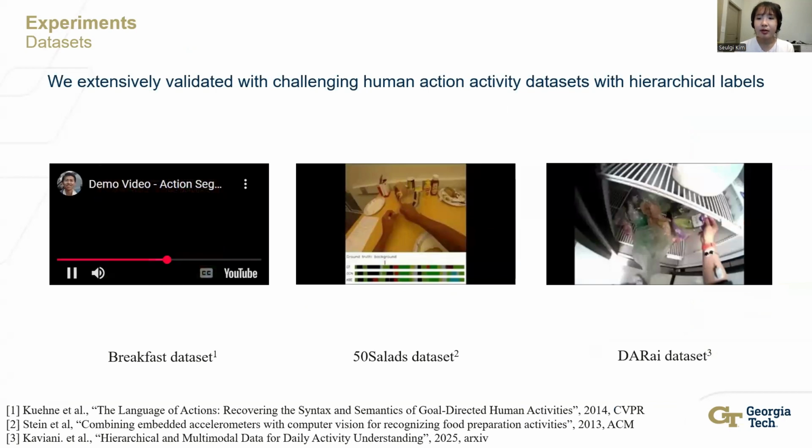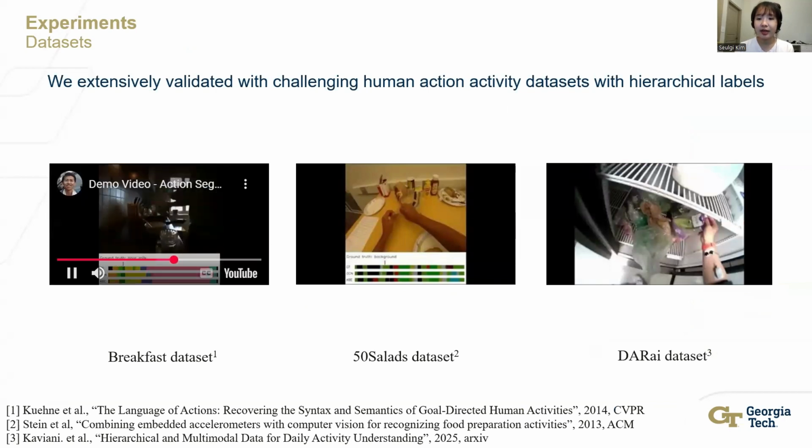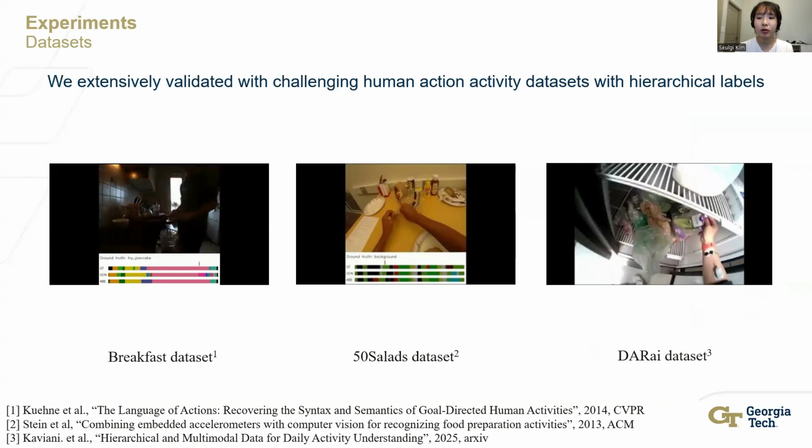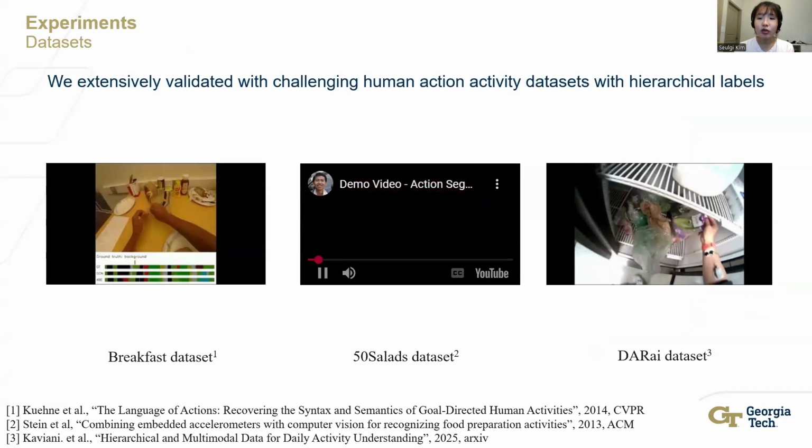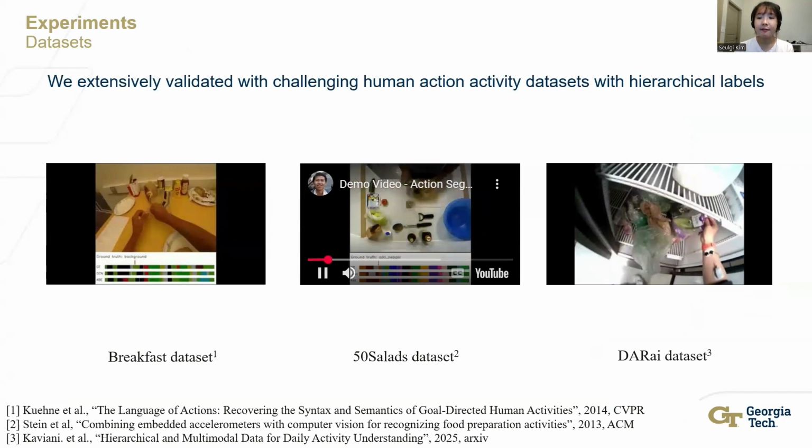We conducted experiments on three challenging benchmark datasets. First, we chose the Breakfast dataset since it captures a wide range of kitchen environments in real-world settings. Second, we chose 50 Salads because of its detailed, fine-grained subaction structure.